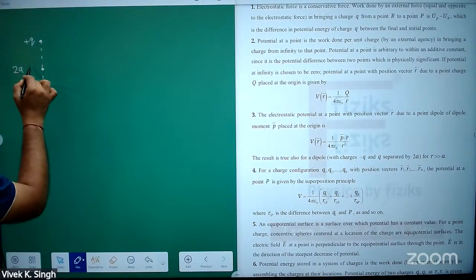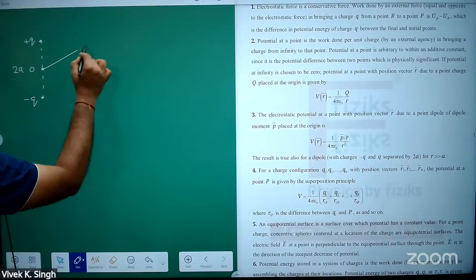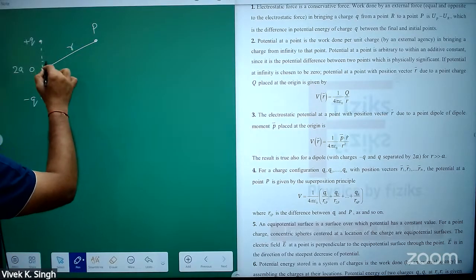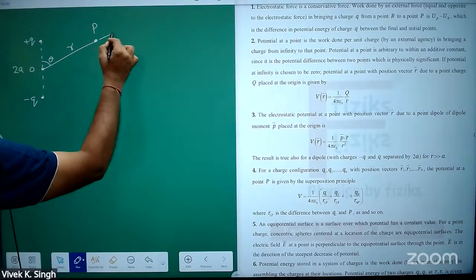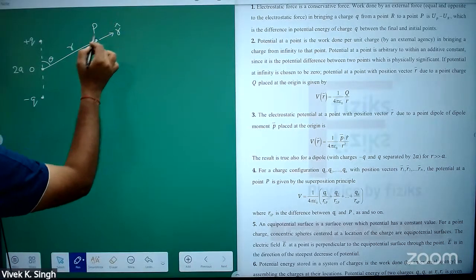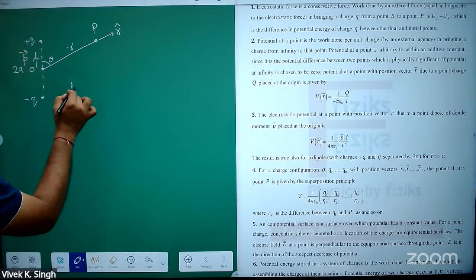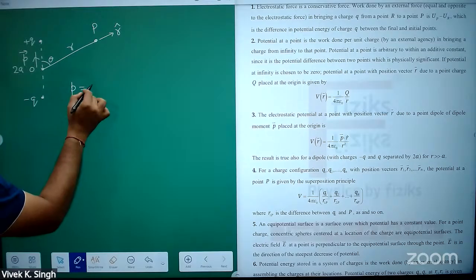This is the center of the dipole, and this is point P, r distance away. This angle is theta. Let's say this direction is r cap. So its dipole moment will be in this direction. P is Q into 2a.